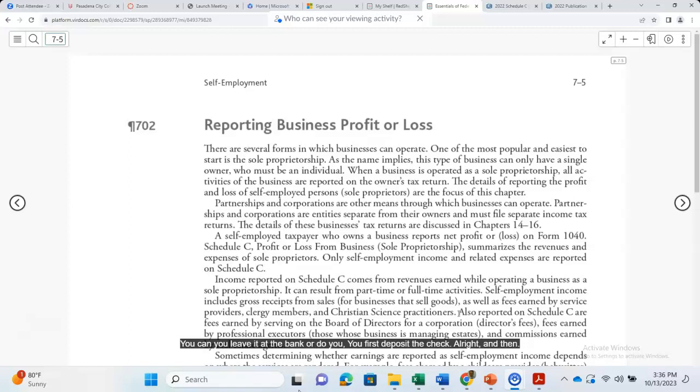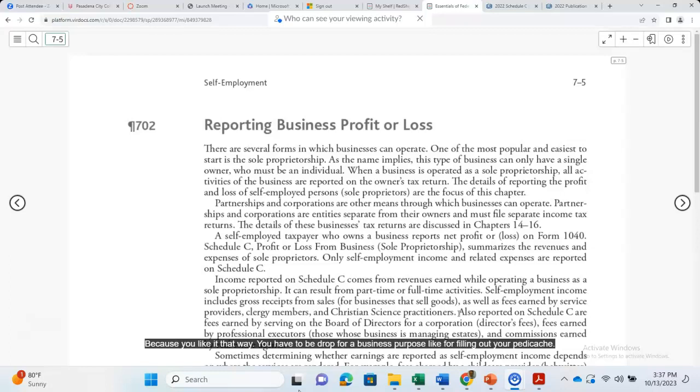Can you then leave it at the bank, or do you just withdraw the funds? You first deposit the check, right? And then you can withdraw the amount anytime you want if it's a sole proprietorship. If it's not a sole proprietorship, you cannot go to the corporation's checking account and withdraw because you like it that way.